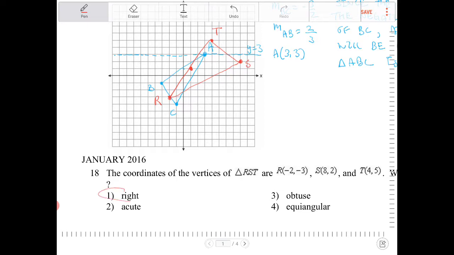So therefore, it has to be a right triangle, not obtuse, not acute, and not equiangular.